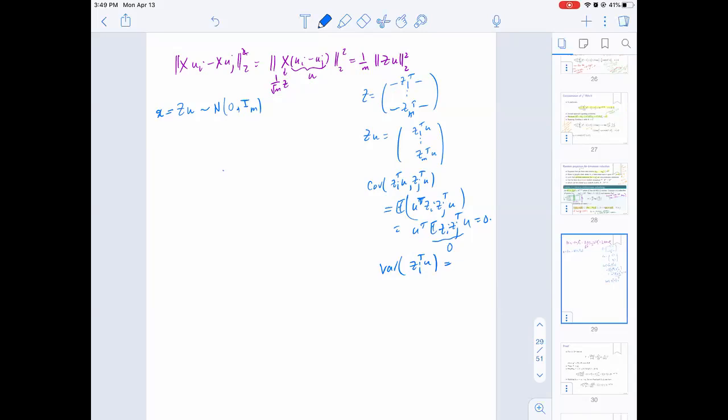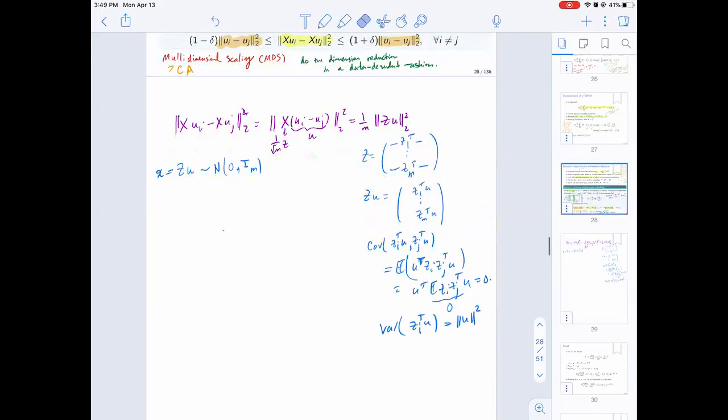Anyone? So the variance of this is going to be this. Yes, but this is 1. Okay, so I assumed that. Yes, not 1. Okay, so we have to fix this.